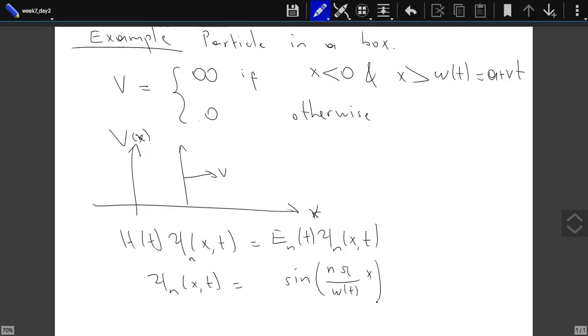So it's not a time independent wave function. The wave function depends on the time because it depends on the parameter which depends on the time. So what's the normalization? Time dependent, but the value? So this is our wave function.